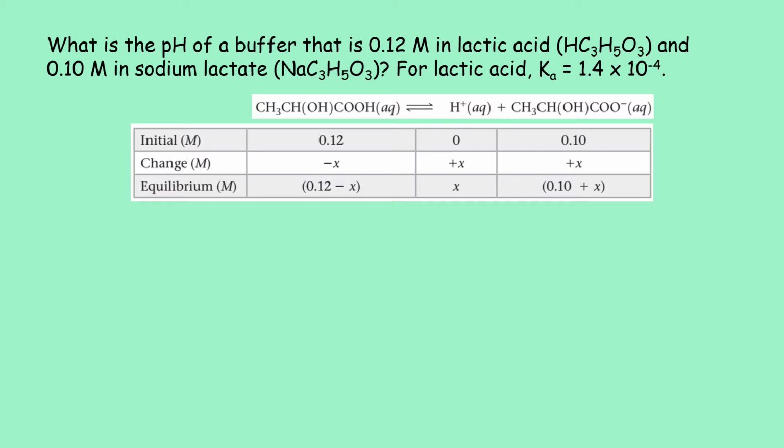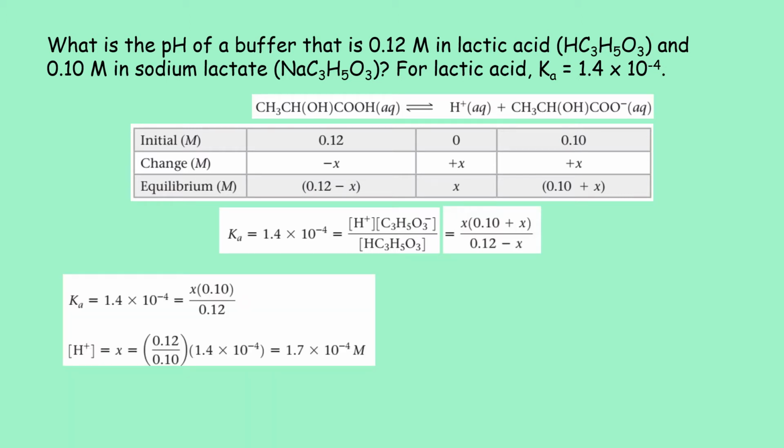So we have already filled up our ICE table, and now we can set up our equilibrium constant expression. From our ICE table, we will get the equilibrium concentrations and substitute them into the expression. So we will be getting this.